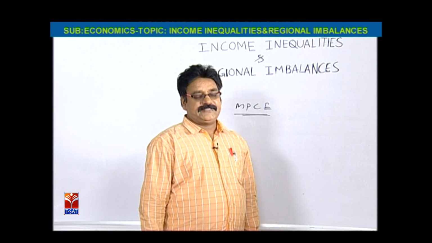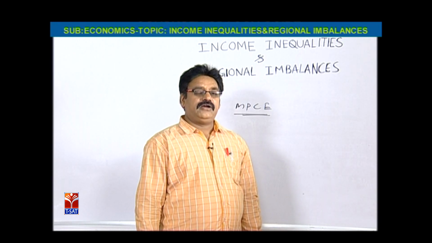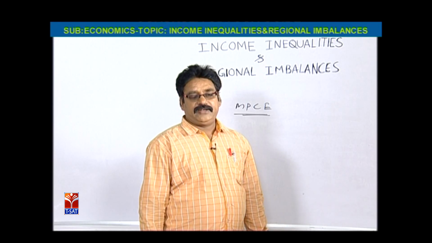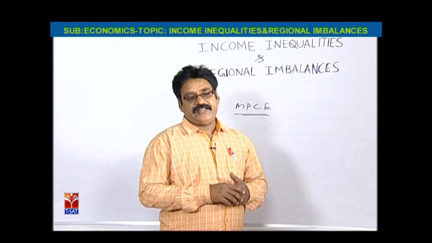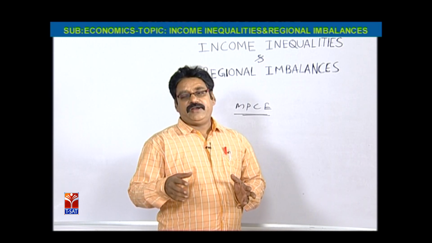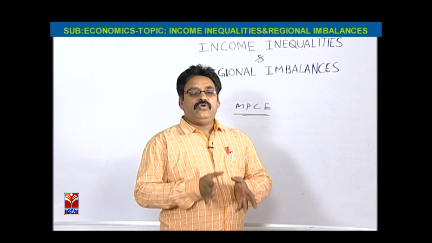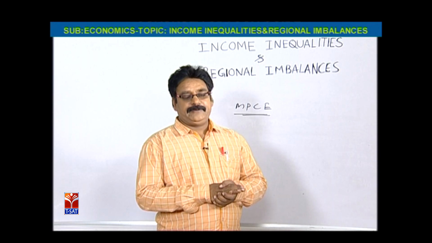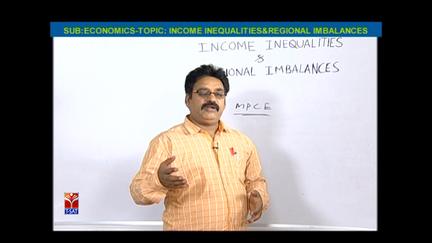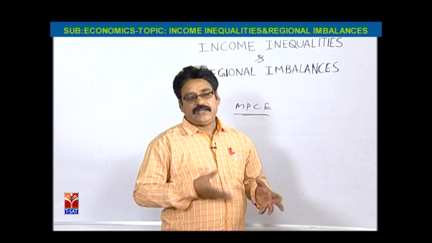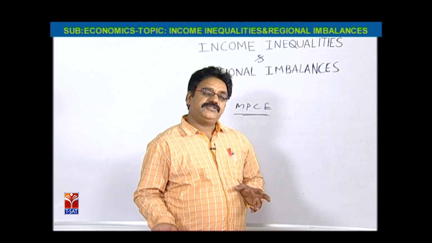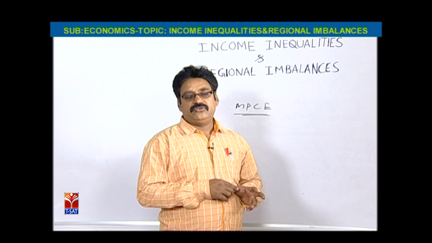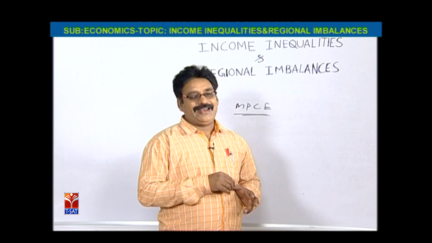Private investments. We already discussed that private investment is attracted by development. Where development has happened, private investment flows towards that area, and more development attracts further investment, which increases still more. So it leads to regional imbalances.